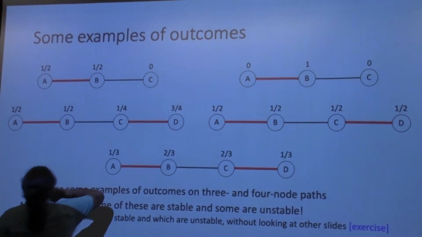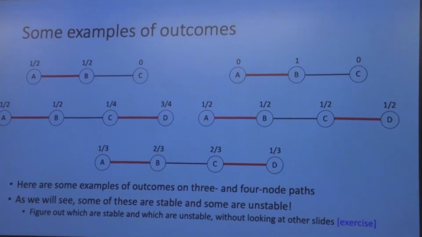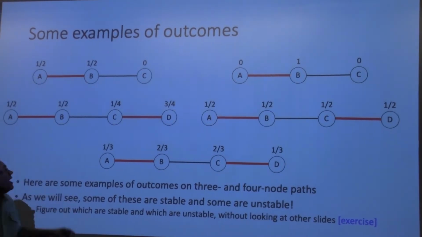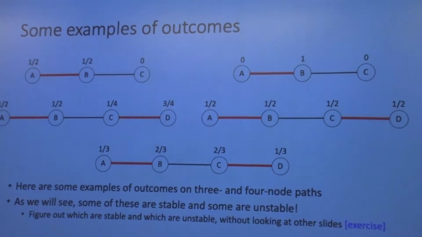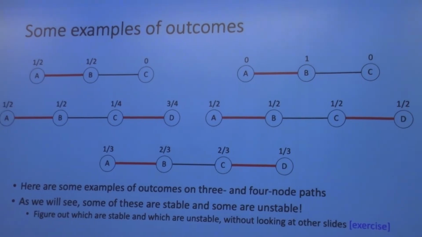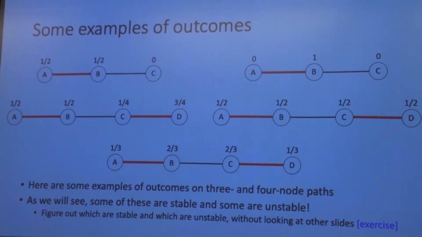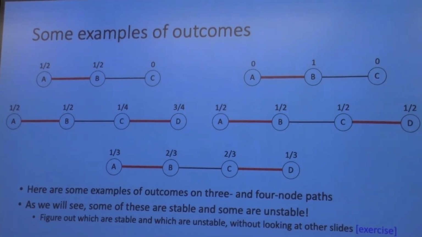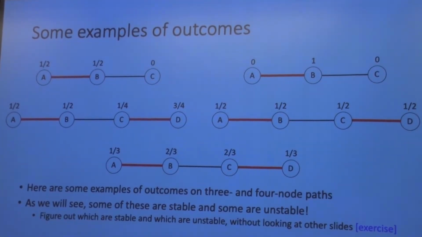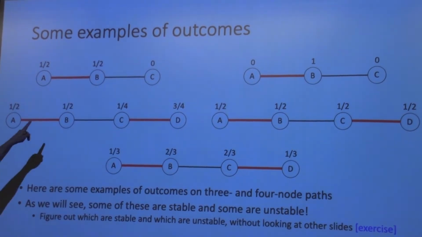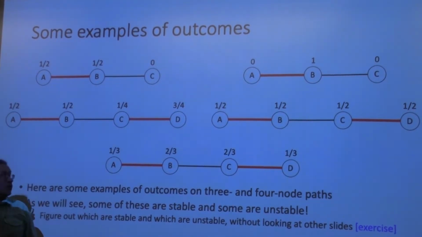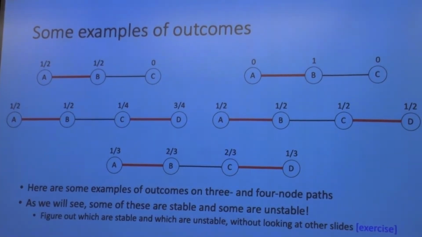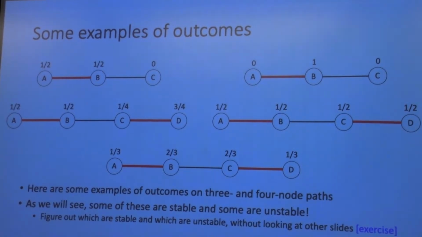The one at the top left, A, B, C: A gets a half, B gets a half, and C gets nothing. That's not stable. Why is it not stable? Because C can propose 3 quarters to B and 1 quarter for itself, and that will be better than what B is already getting. So C can steal the negotiation, steal the agreement before it finishes.